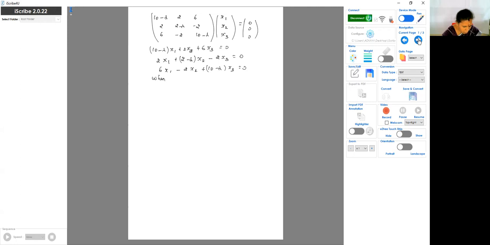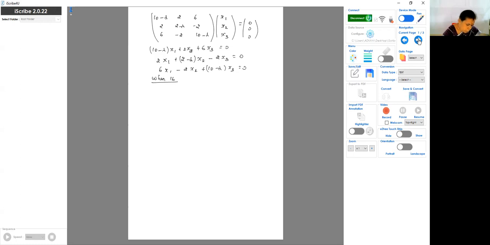So when lambda equal to 16. Here we are taking the eigenvalues in descending order, so first we choose the largest and then the next smaller one, like that. When lambda equals 16, we are going to find the eigenvector corresponding to eigenvalue 16.